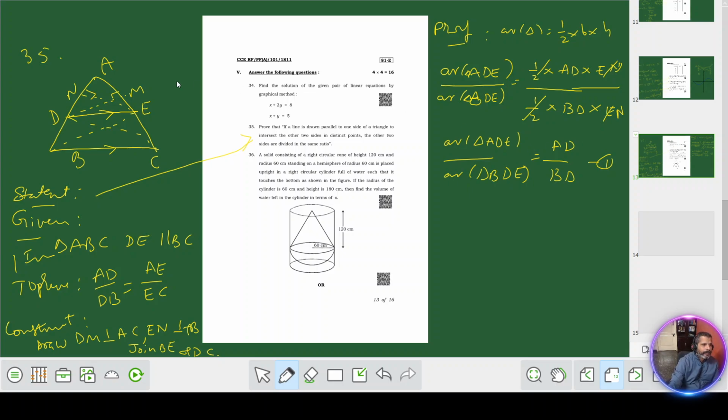Similarly, for the other two, you take triangles ADE and DCE, taking DM as the height.